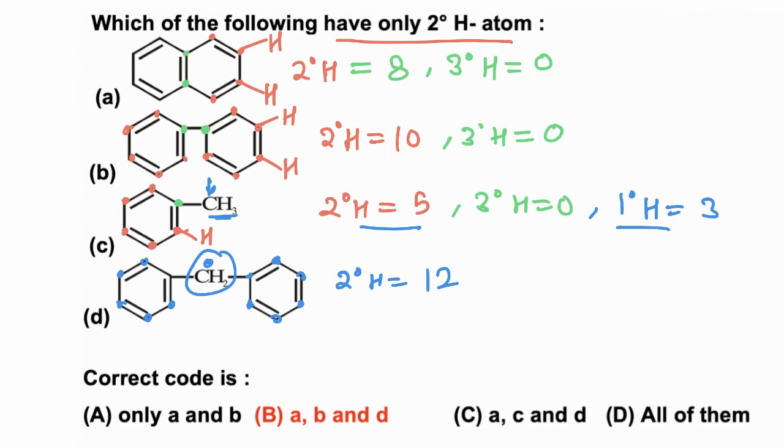Now these 2 carbon atoms are 3 degree carbon but not attached with any hydrogen, so 3 degree hydrogen is equal to 0. So this molecule is having 12 2 degree hydrogen and 0 3 degree hydrogen, so all the hydrogen atoms are 2 degree. So molecules A, B and D are having all the hydrogen 2 degree, hence the correct answer is B.